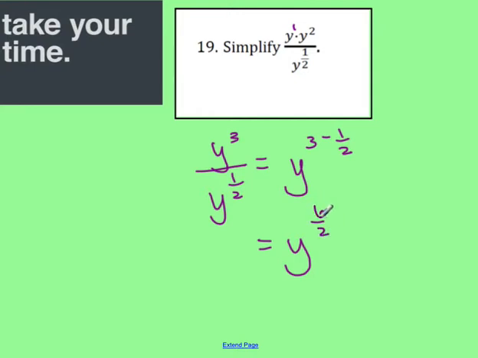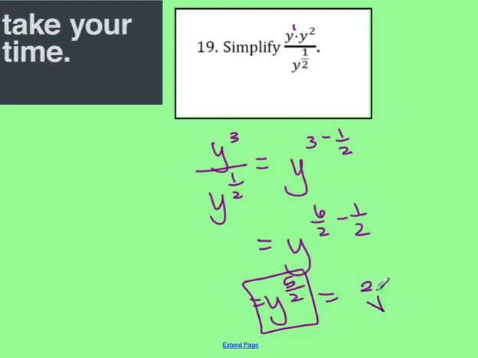So I would have 6 over 2 minus 1 over 2. 6 minus 1 is 5, so it's 5 over 2. And I can write it as y to the 5 over 2, or I can write it as the square root of y to the 5th. And remember, when it's the square root, we usually don't write the 2, so it's going to look like this.